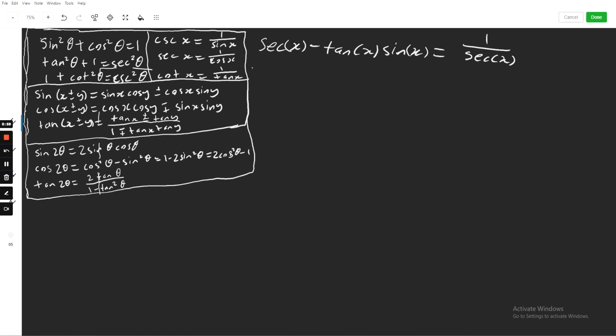So we have secant x, which, as you can see with the reciprocal identities, is equal to 1 over cosine x, minus tangent x, which is equal to sine x over cosine x, and then times another sine x.